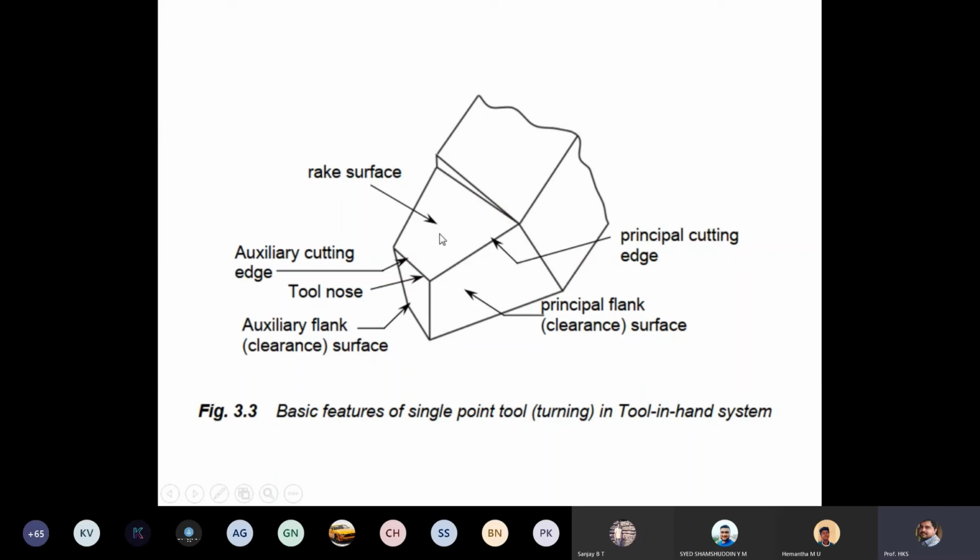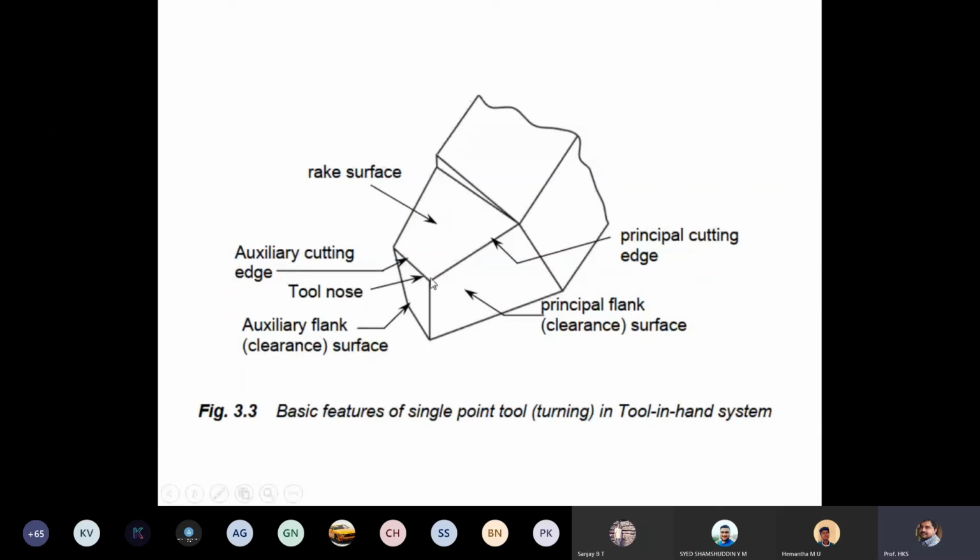This is the rake surface, and this is the principal clearance surface, or major flank, or principal flank. And this is the minor flank, or end flank, or auxiliary clearance surface. So there are three surfaces: rake surface, major flank, and minor flank. They are called by other names also, which you can see here.